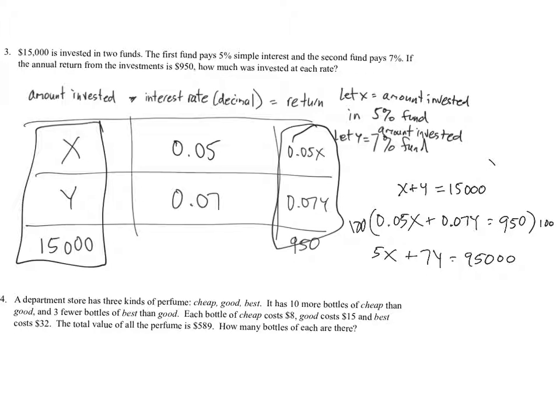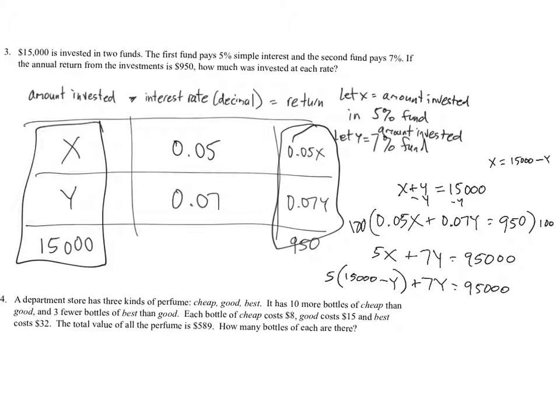So if we subtract y from both sides, we can say x equals 15,000 minus y. Now we can solve this using substitution. We can say 5 times x, which we know is 15,000 minus y, plus 7y, and we're going to end up with 95,000.